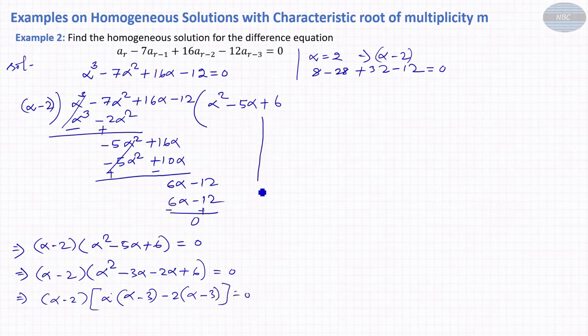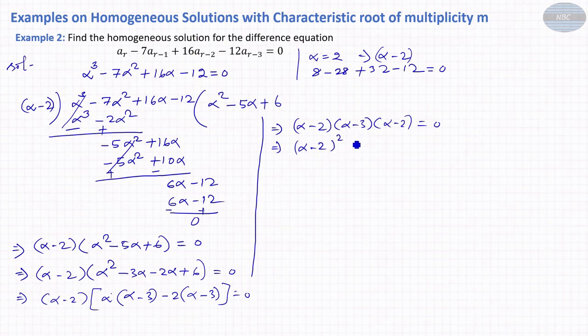So we can have alpha minus 2, alpha minus 3, alpha minus 2 is equal to 0. So we have alpha minus 2 square, alpha minus 3 is equal to 0. So we got alpha is equal to 2, comma 2 times, because this is square here, and alpha is equal to 3. Okay, so we got three roots of this characteristic equation.